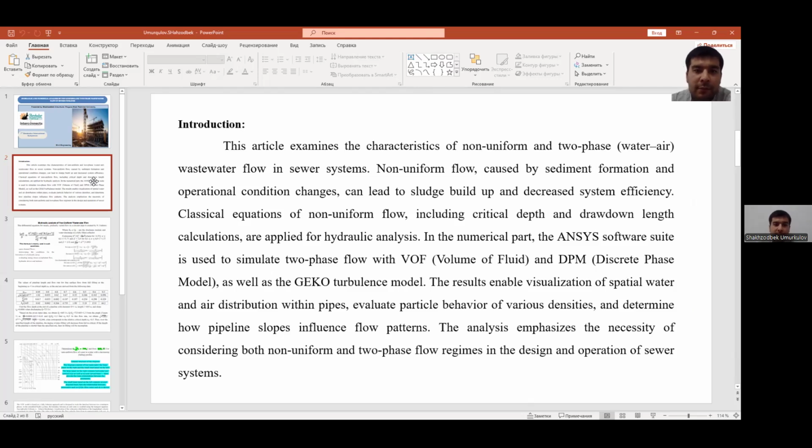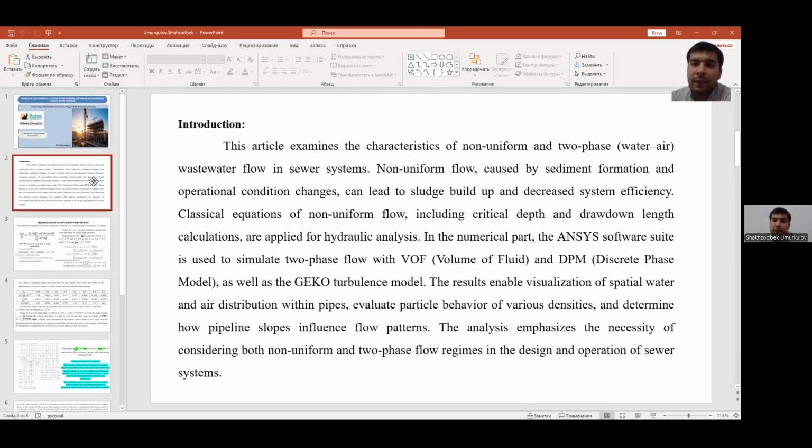This article examines the characteristics of non-uniform and two-phase water-air flow in sewer systems. This non-uniform flow, caused by sediment formation and operational condition changes, can lead to silt build-up and decrease system efficiency.